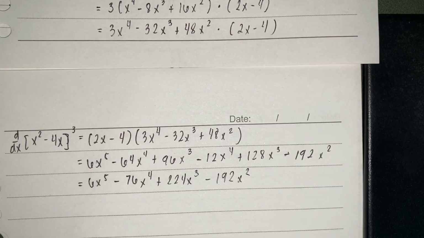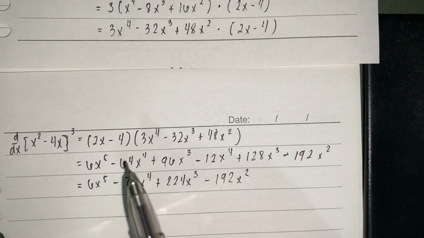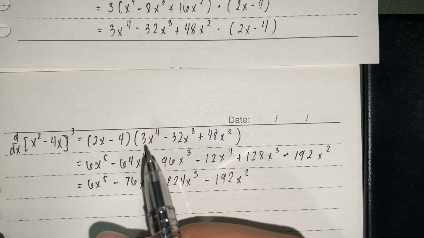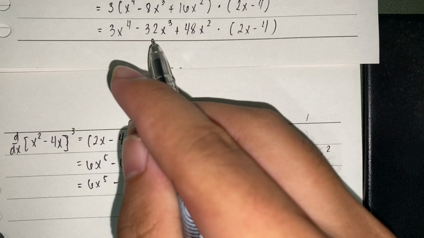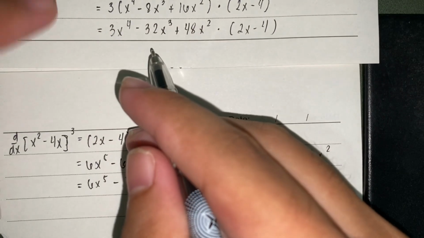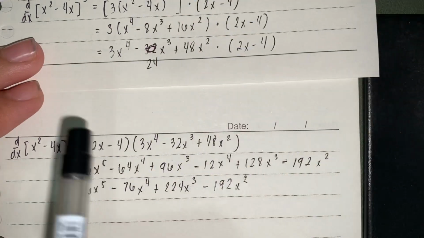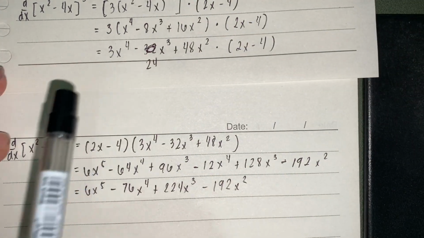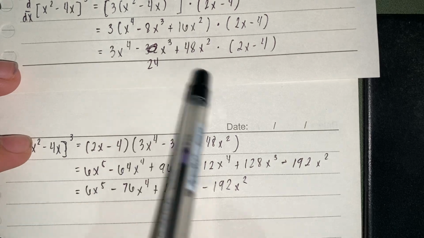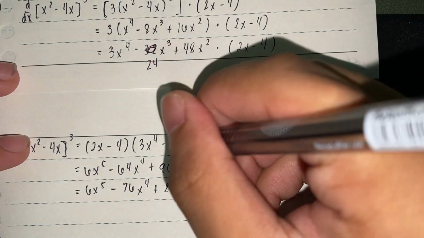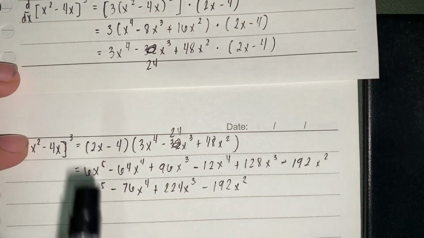And so upon checking, I have made a miscalculation. This 32 was supposed to be 24. Sorry. So let's check. 16, 32. Yeah, this is correct. So let's change this one.